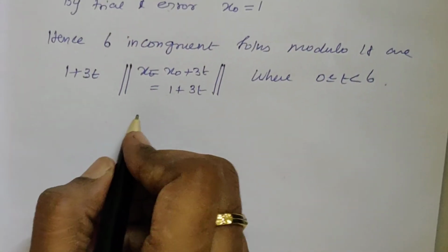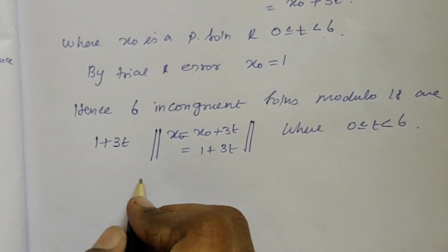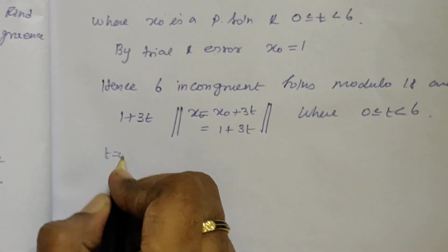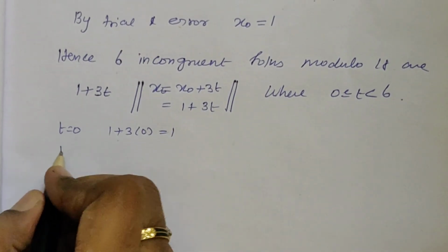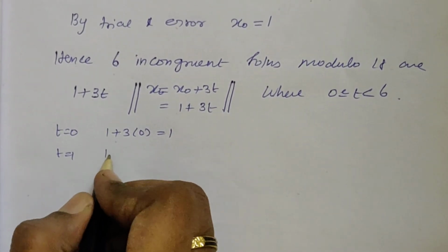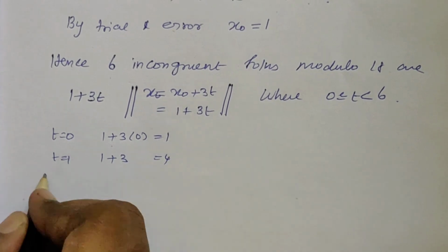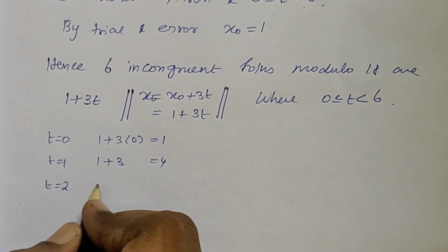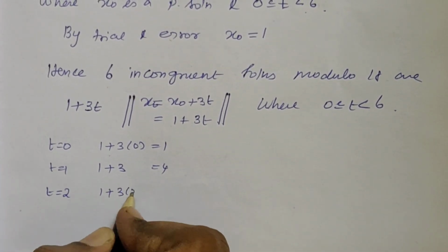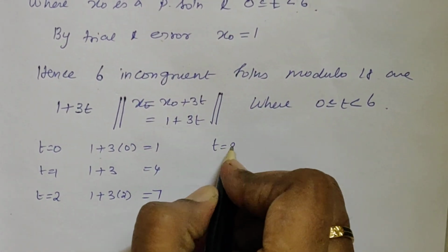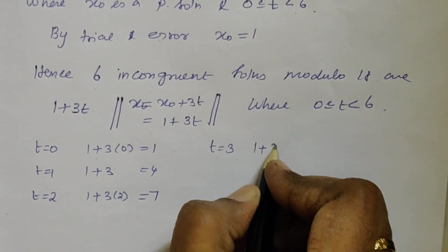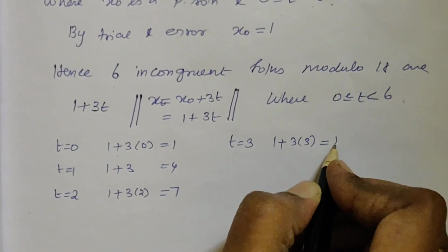So when you substitute t equal to 0 you will get 1. When t is equal to 1 you will get 1 + 3 = 4. When t equal to 2 you will get 3 into 2, that is 6, plus 1, 7. When t equal to 3 you will get 1 + 3 into 3, 9 plus 1, 10.